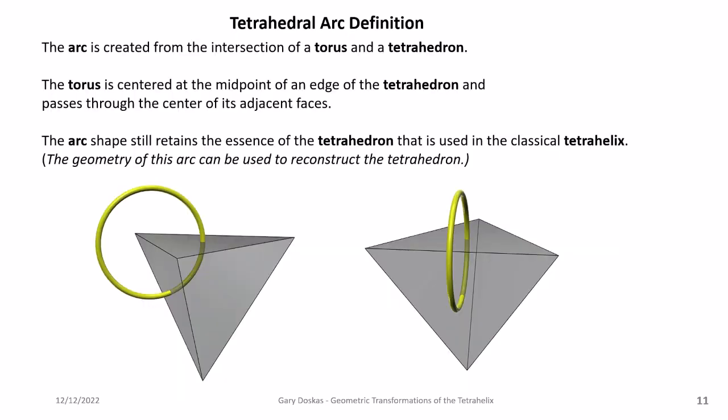It's an intersection between a torus and a tetrahedron, where the torus is centered at a midpoint on an edge of the tetrahedron and passes through the center of its adjacent faces. Essentially, this arc still has the essence of a tetrahedron used in the classical tetrahelix. In fact, there's enough information in this arc to reconstruct the tetrahedron itself if you wanted to.